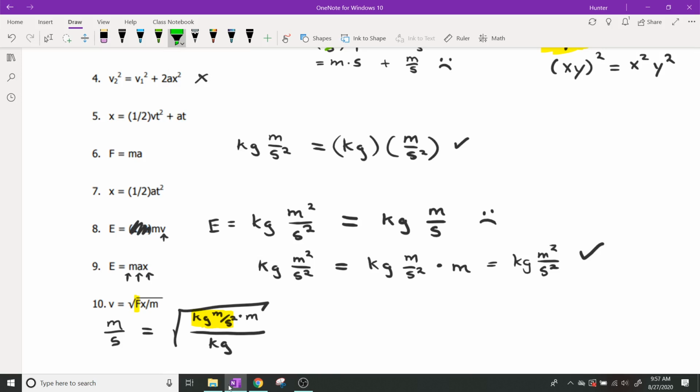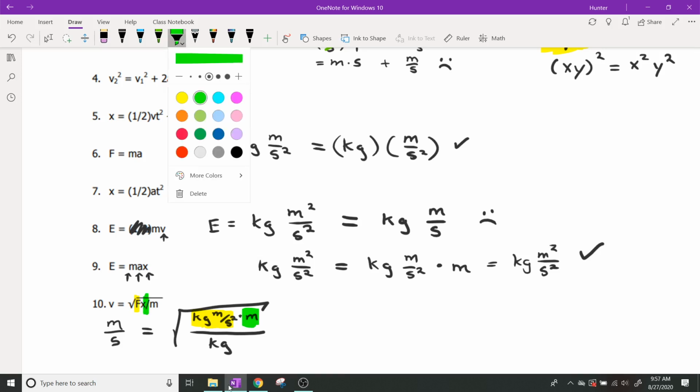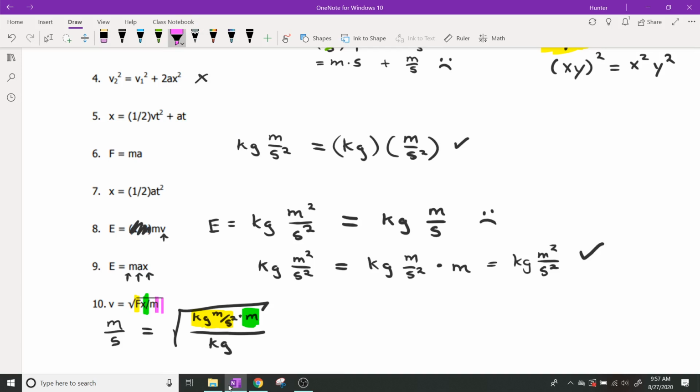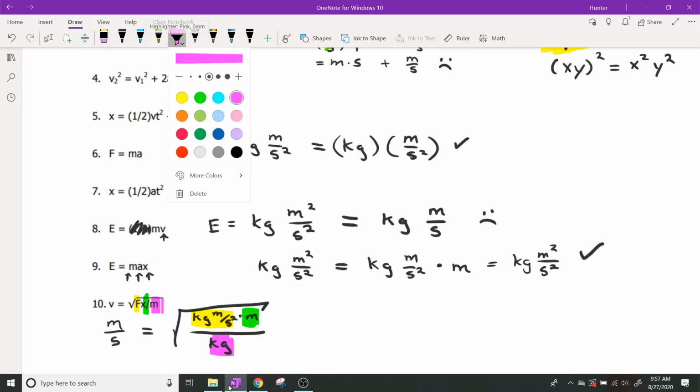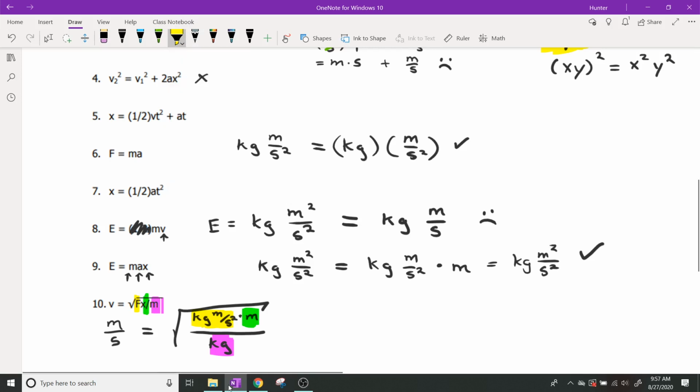Okay, just kidding. There's X. That's meters. And then go with 80s pink. M is kilograms. M is mass in this case, so mass would be in kilograms. Change that back to regular yellow.